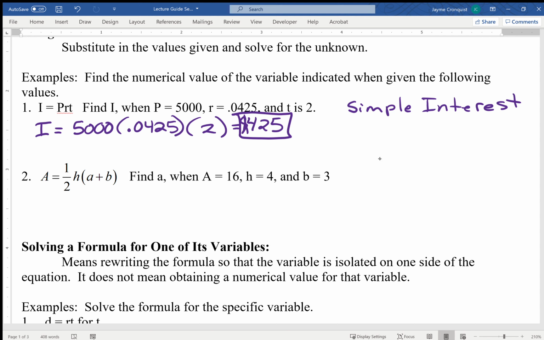All right. Find little a. That's this guy. When big A is 16, and that's 1/2, H is 4, a plus 3. Okay, so we're going to have 16. Half of 4 is 2.